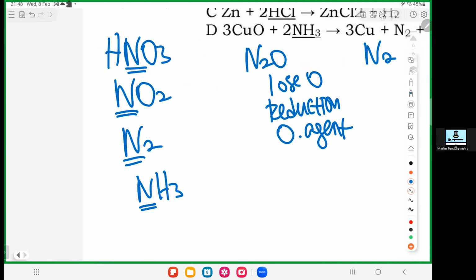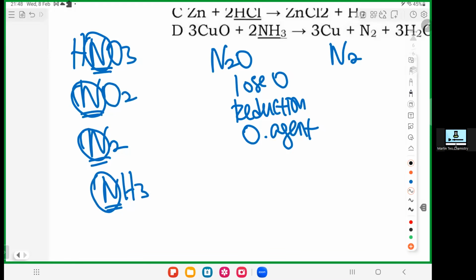That's why when you have nitrogen, you don't know the oxidation number, you always need to calculate. If you think back, the 4 rules that we learned don't have nitrogen. So if you have nitrogen, you always need to do a calculation to check the oxidation number. Haida, did I answer your question?